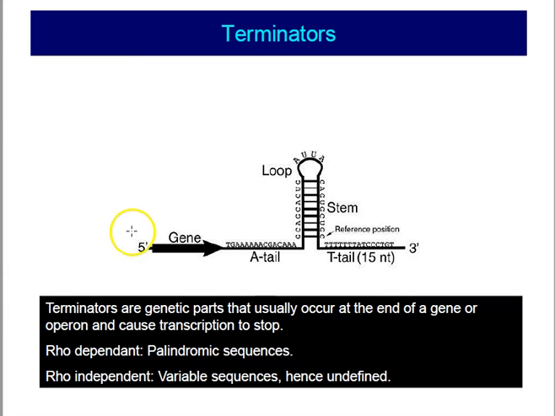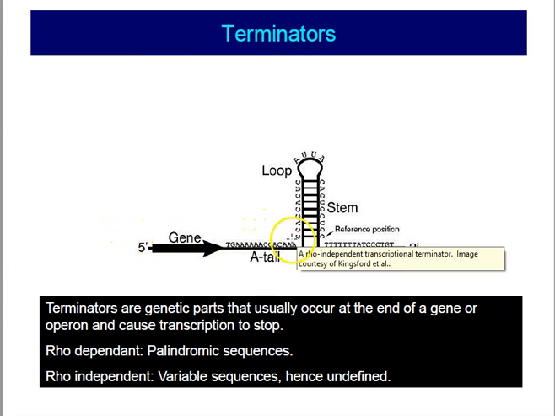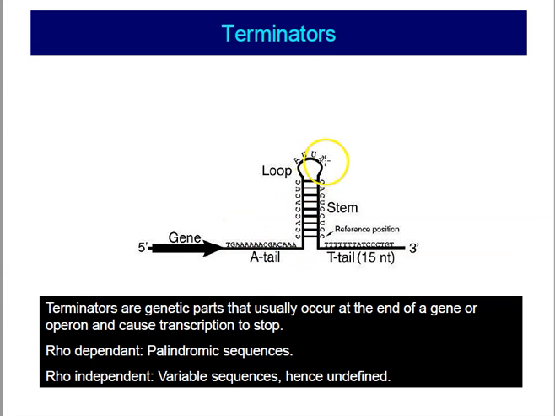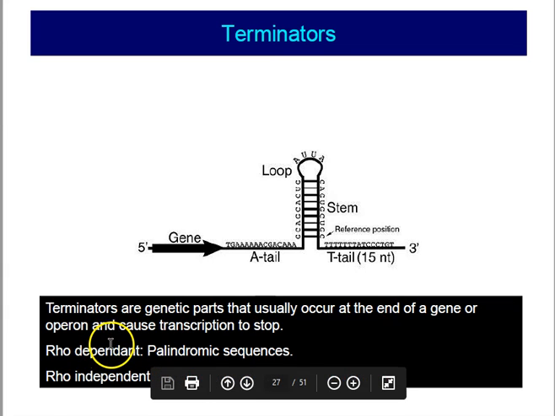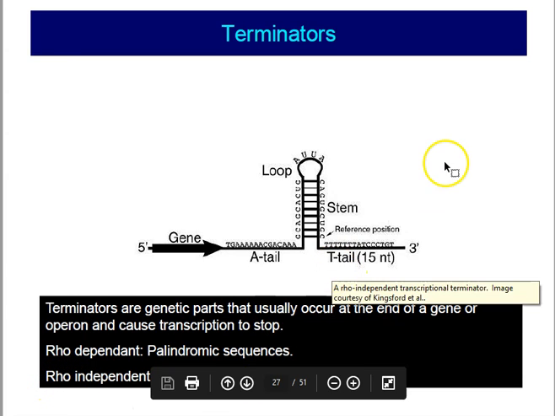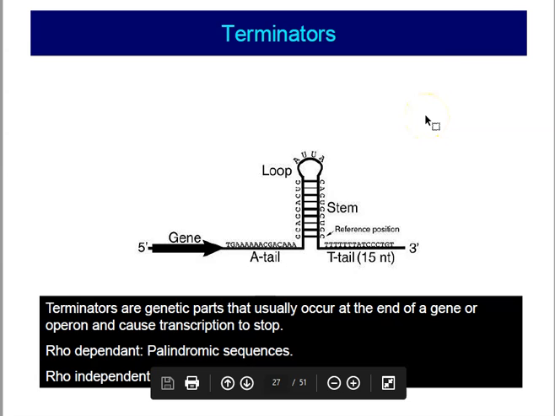When a ribosome travels along the gene, it will reach a point at which it encounters this stem loop structure, and at this point the ribosome will basically dissociate itself from the mRNA molecule, which indicates the termination of translation. So there are rho-dependent palindromic sequences and rho-independent sequences. These are both representations of the terminator.